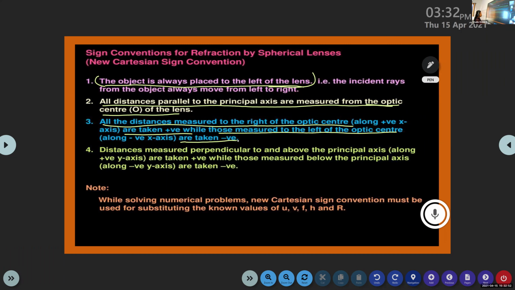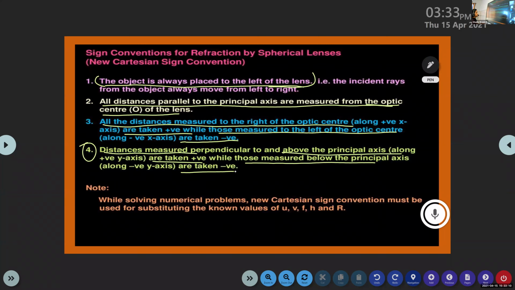And the fifth and sixth rules are combined here: all the distance measured above the principal axis is taken positive, and all the distance measured below the principal axis is taken negative.